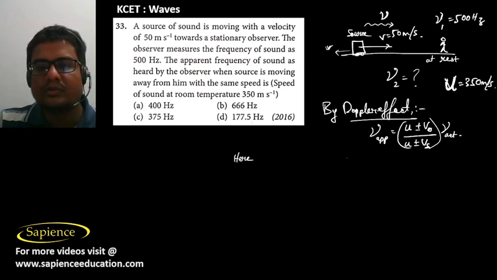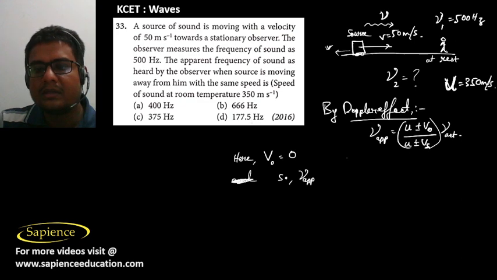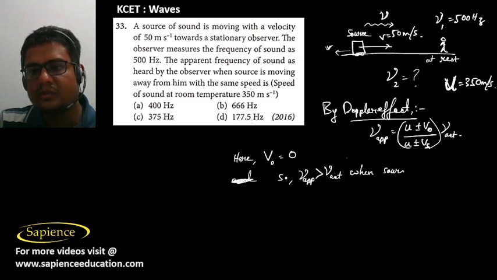Here the observer is at rest, so v naught equals 0. When the source is moving towards the observer, the apparent frequency should be greater than the actual frequency.